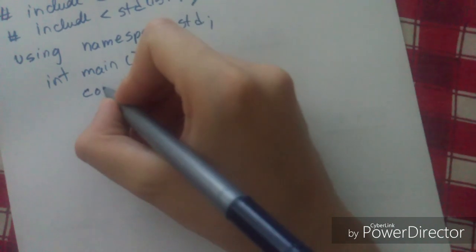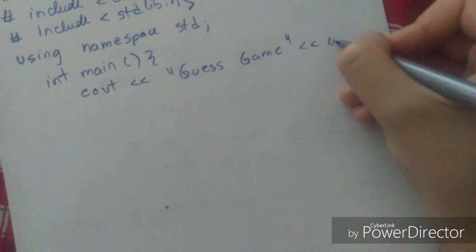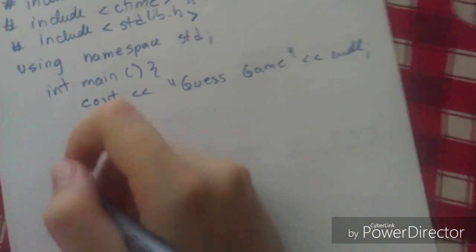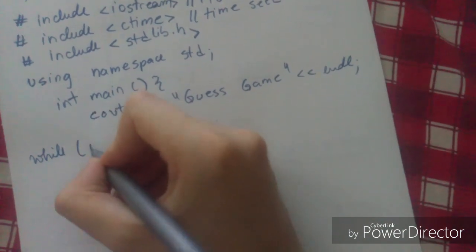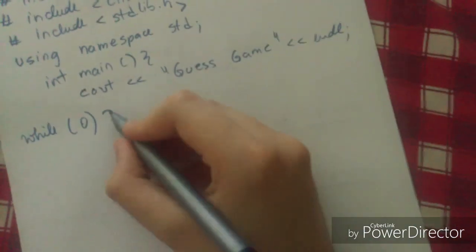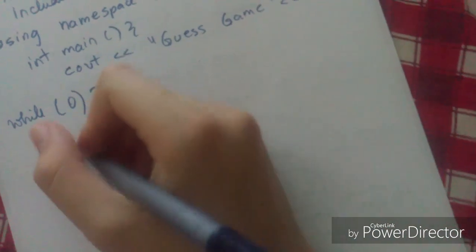And we're going to say cout guess game. And now we are going to create the first loop. We're going to say while 1. This is basically going to run all the time for as long as the user wants.